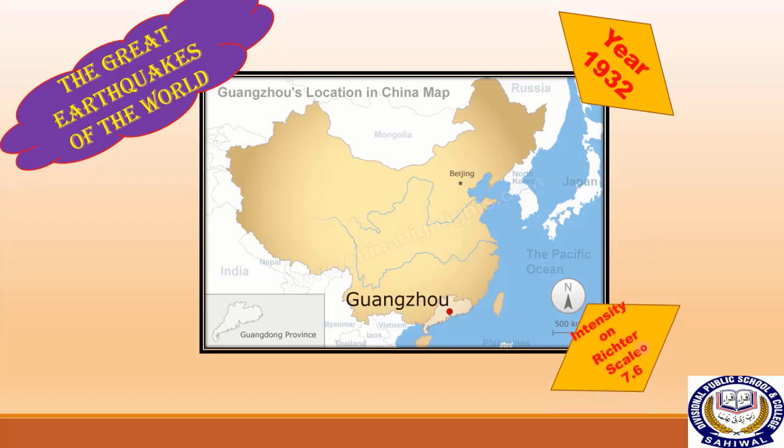Intensity on the Richter scale was 7.6. It shows 70,000 people lost their lives in this earthquake. So that's why it is also included among the great earthquakes of the world.